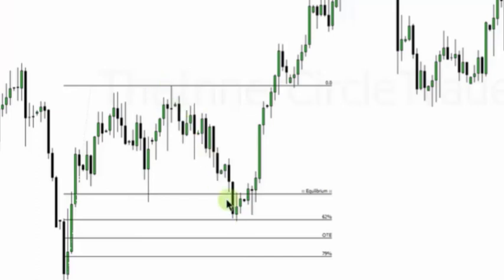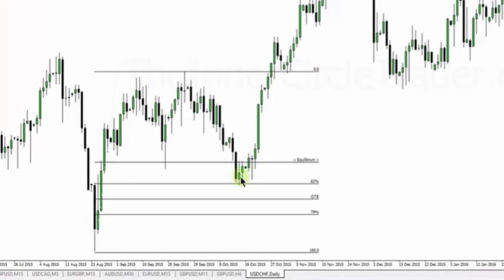It went back down into equilibrium again and went to a discount below 50% of the impulse price swing. From the banking perspective, this is now at a discount. It is allowed to be bought.